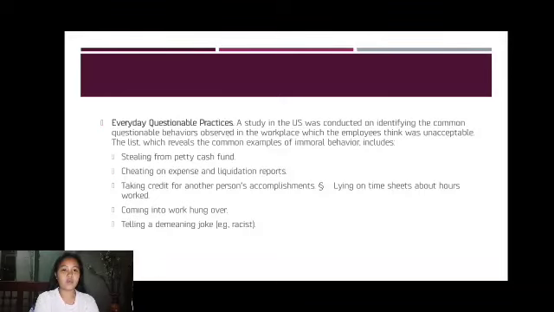A study in the US was conducted on identifying the common questionable behaviors observed in the workplace, which employees think are unacceptable.